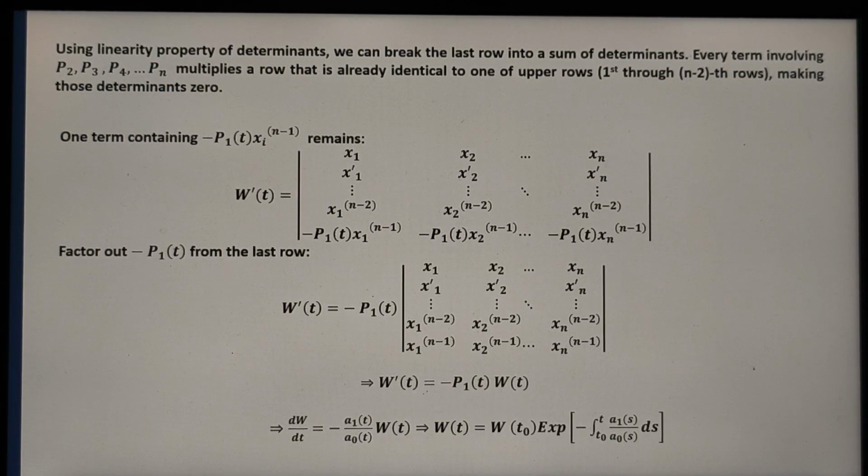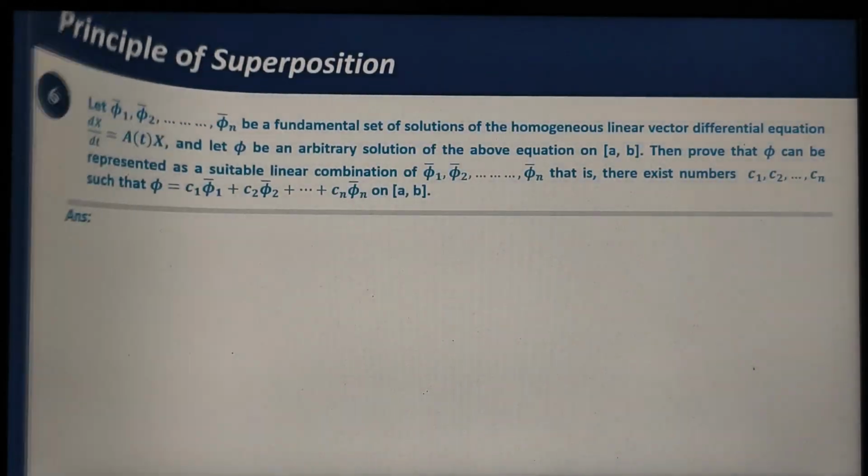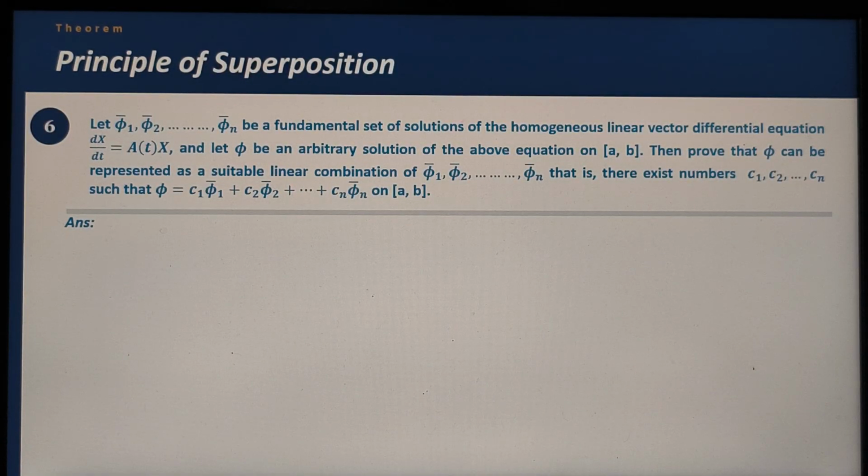The W'(t) means dW by dt. Okay, when you put the value of p1, we get W(t) equal to W(t0) exp minus t0 to t a1(s) by a0(s) ds. Okay. So next we can prove another theorem.